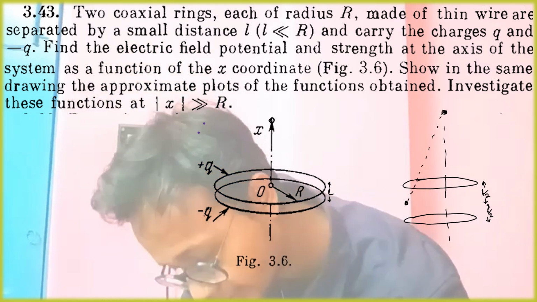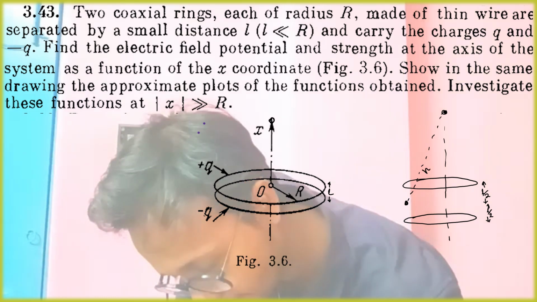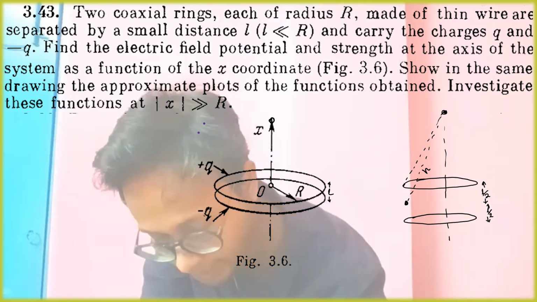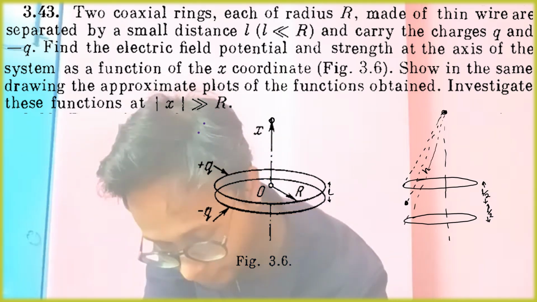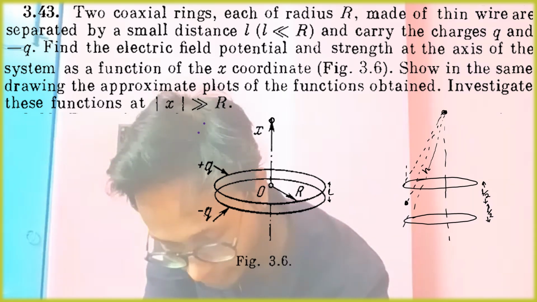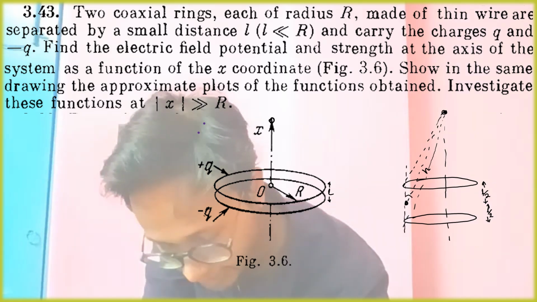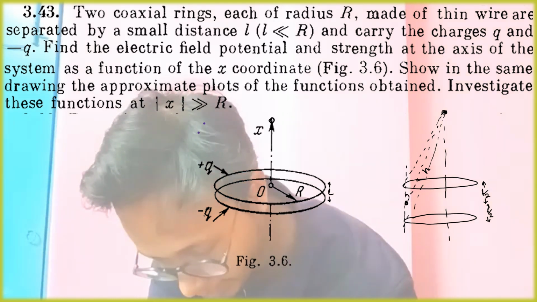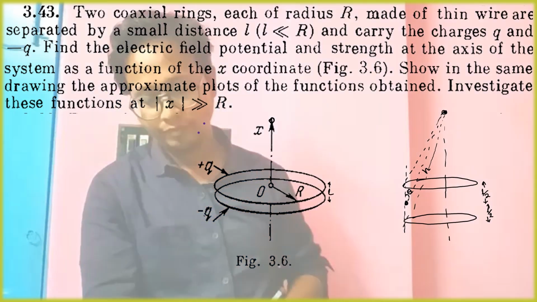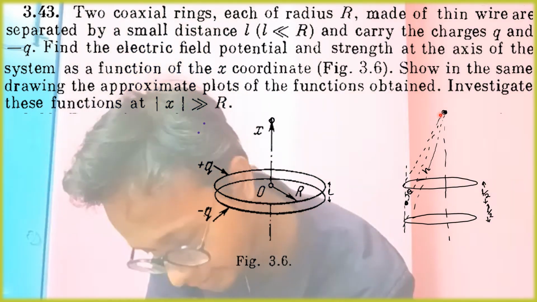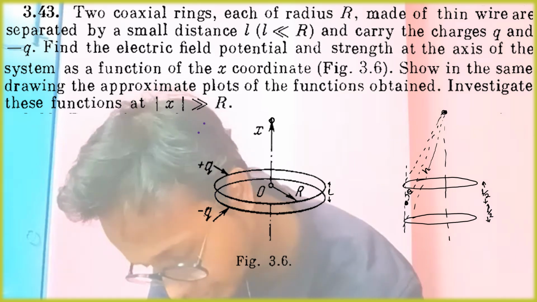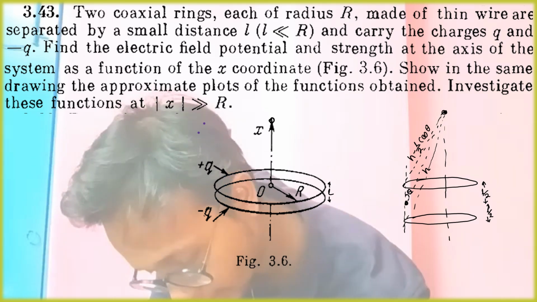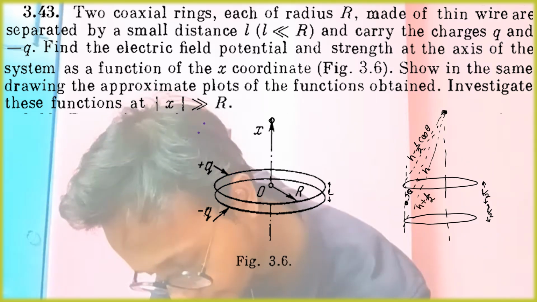If I join this line, and if I set this angle to be theta, we obtain the same kind of calculation, no? So this length would be nothing but (h minus L by 2) cos theta, and the longer length would be (h plus L by 2) cos theta, isn't it?